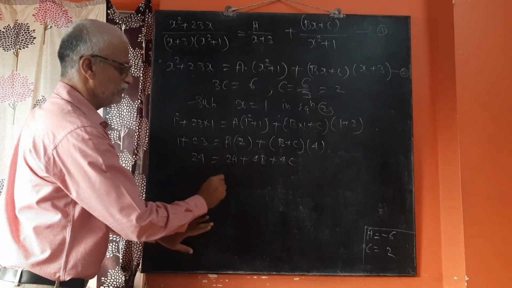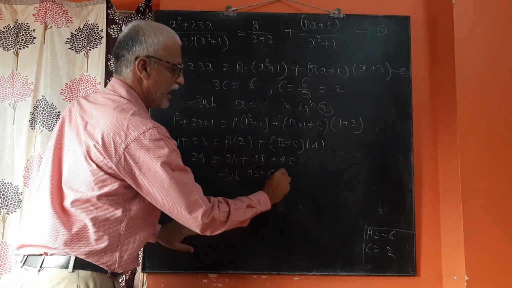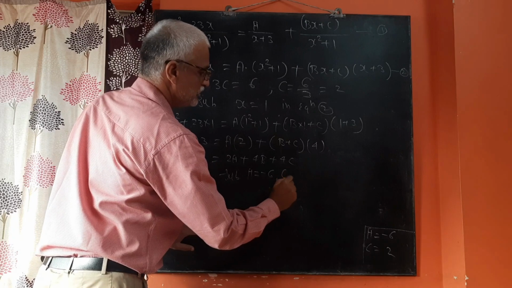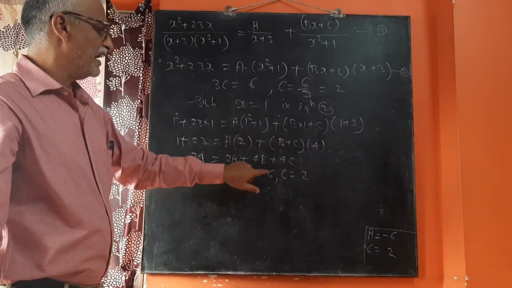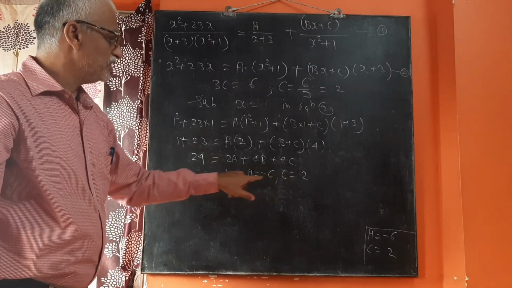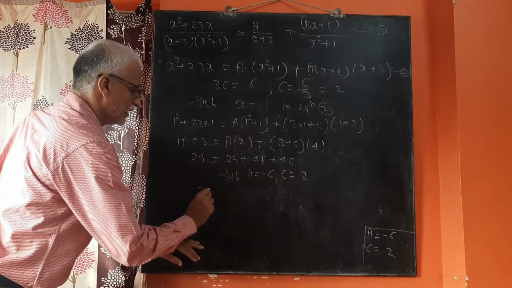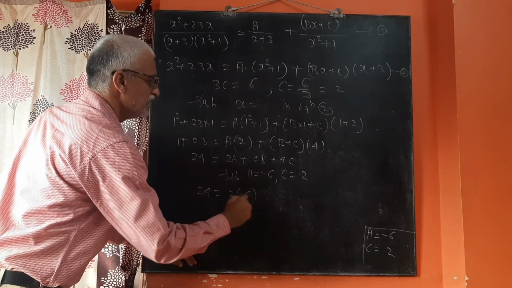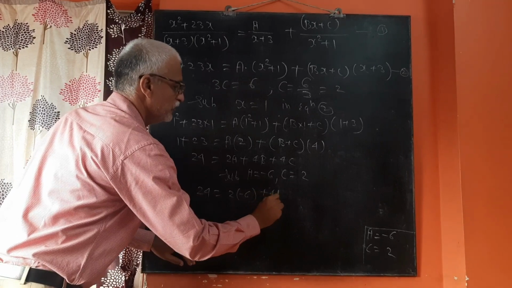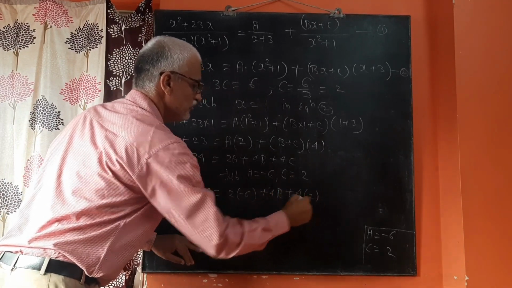Now substituting a equals -6 and c equals 2 in this equation, what do we get? 24 equals 2 into -6 plus 4 into b plus 4 into c, that means 2.